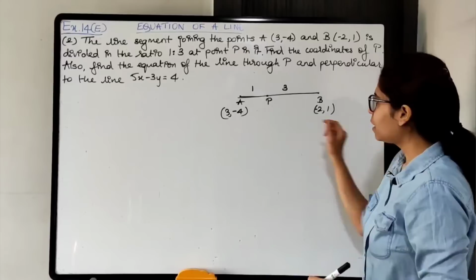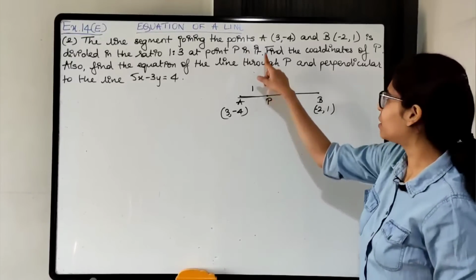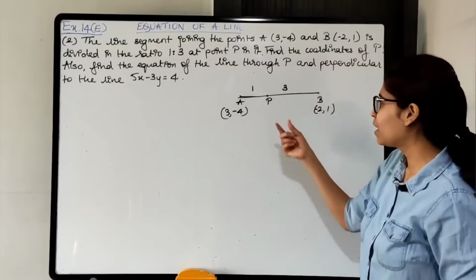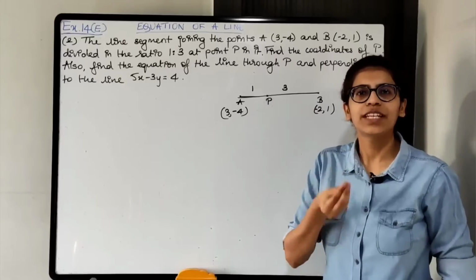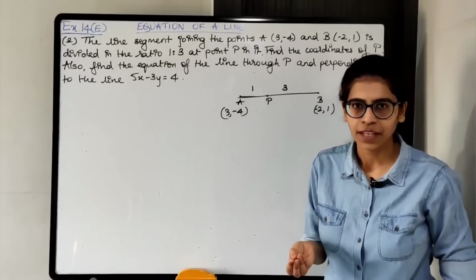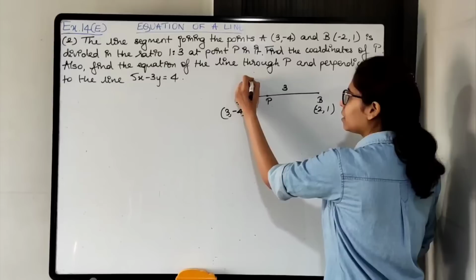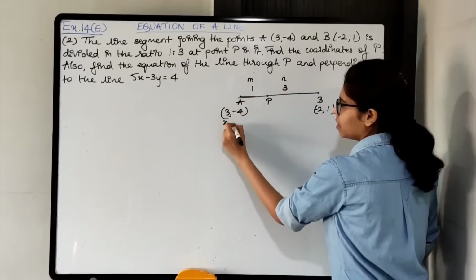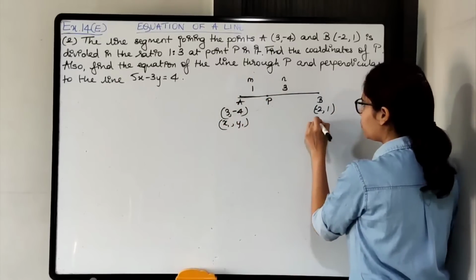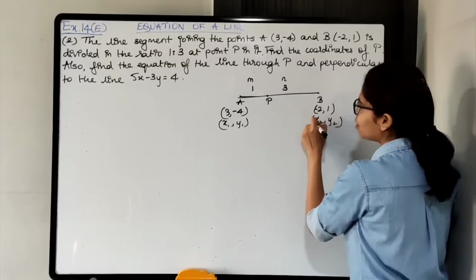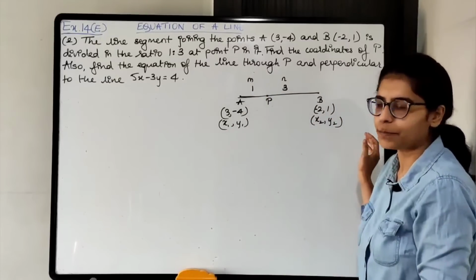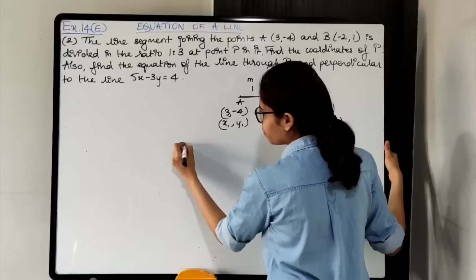Okay, P का coordinates पहले find out करना है. Right? How will you find the coordinates? Using section formula, है ना? M पता है, N पता है, x1 y1, x2 y2. We just have to put the values in the formula. What is the formula?